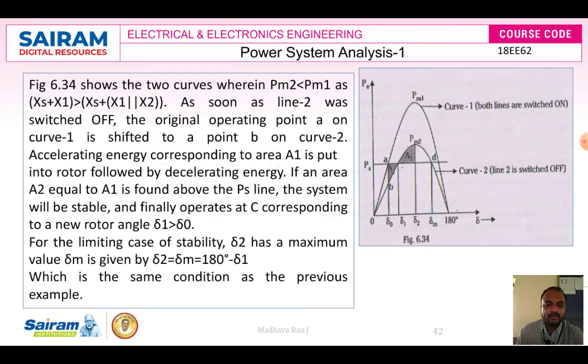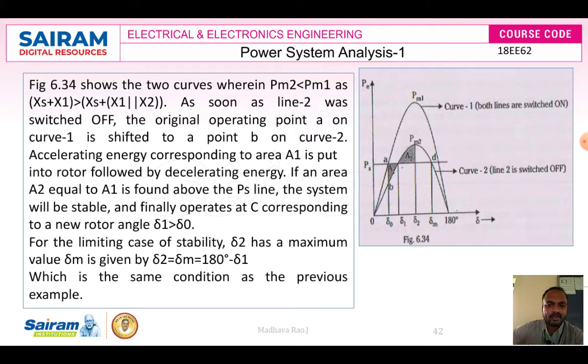PM2 is less than PM1, as Xs plus X1 is greater than Xs plus X1 parallel to X2. So, reactance and power you can observe here: power is less and reactance is more.